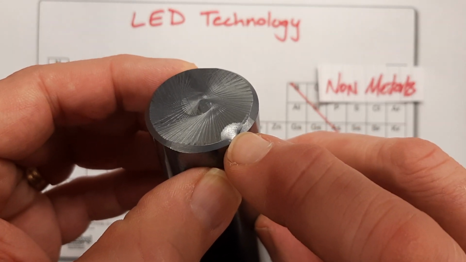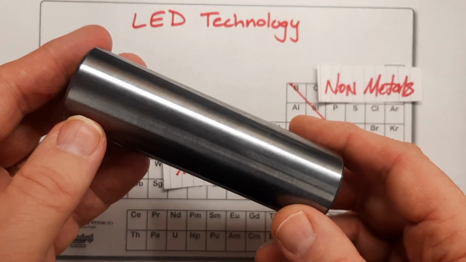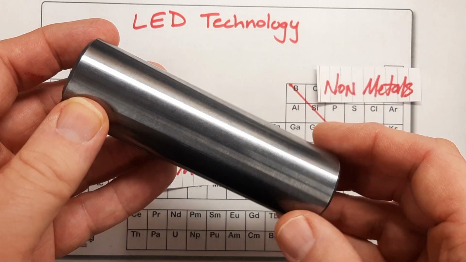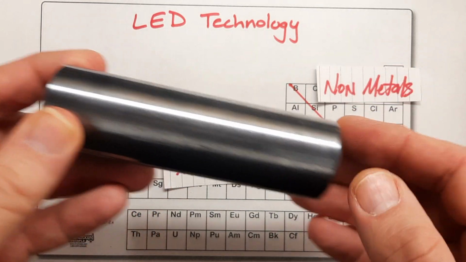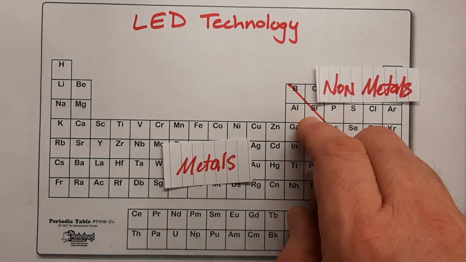It will break like a rock or really hard glass. So this thing doesn't bend. It cracks and shatters. So it has some of the properties of being a nonmetal and some of the properties of being a metal. And that's why it's along this line here.